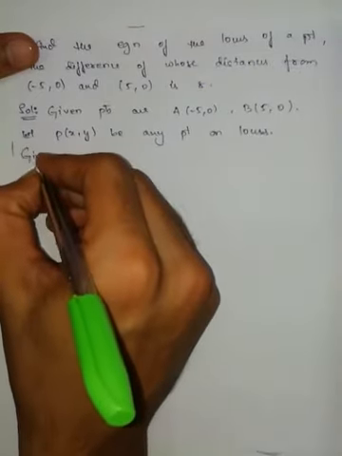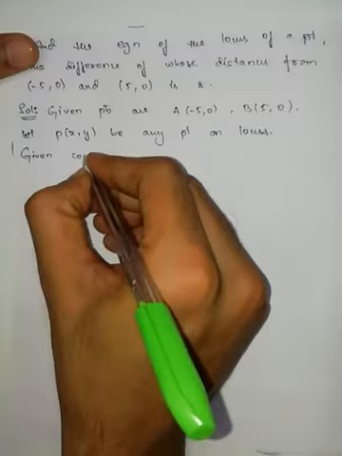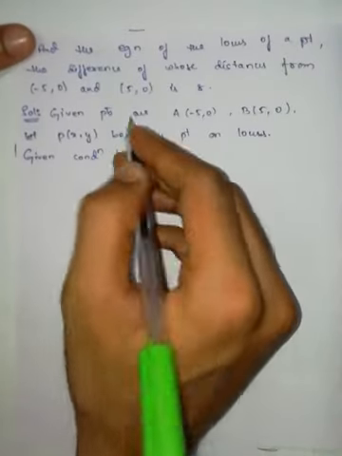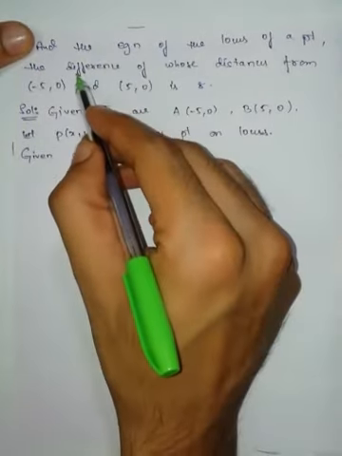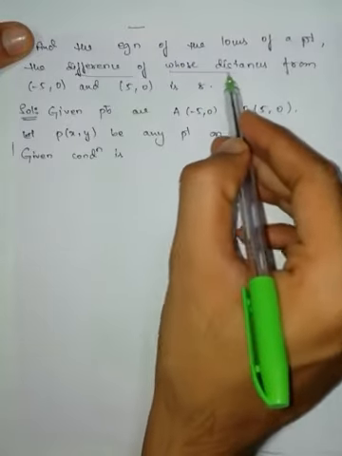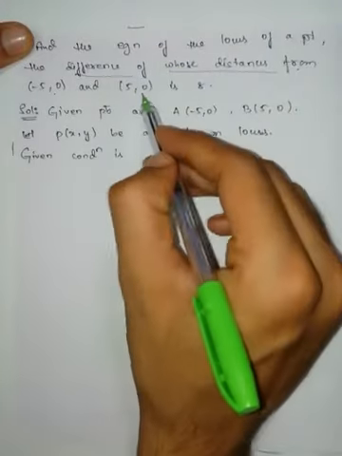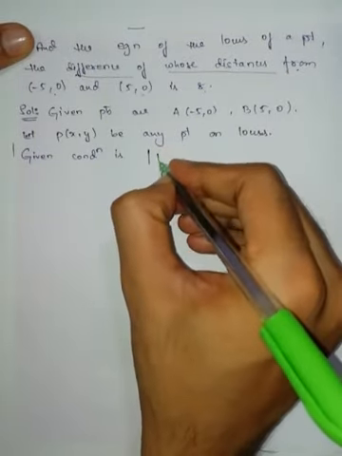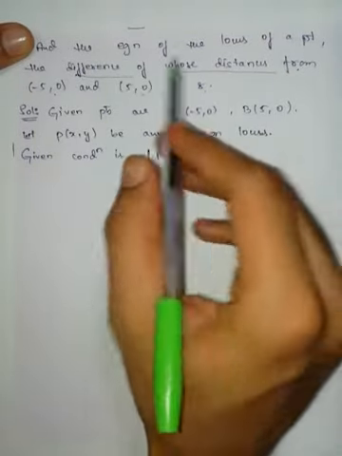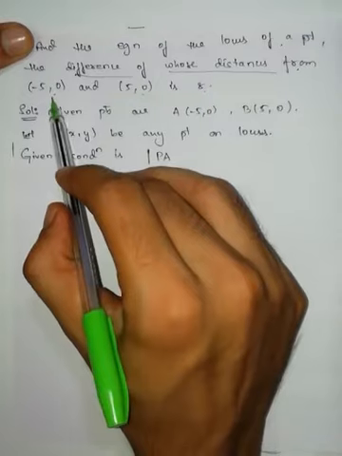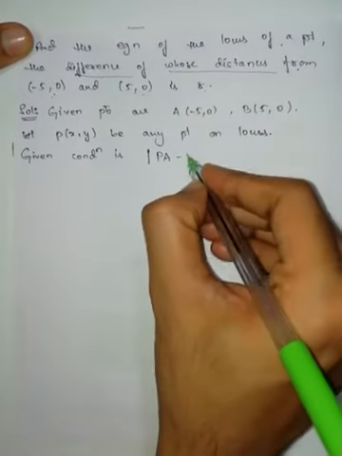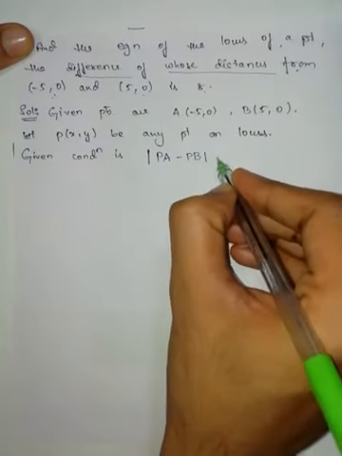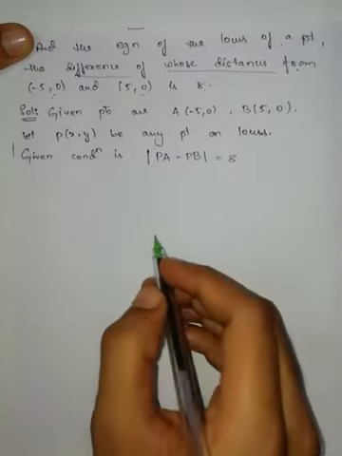Given condition is, the difference of whose distances from this point and this point is 8. That is, the difference of the distances of the point P from A and B: modulus of PA minus PB is equal to 8.